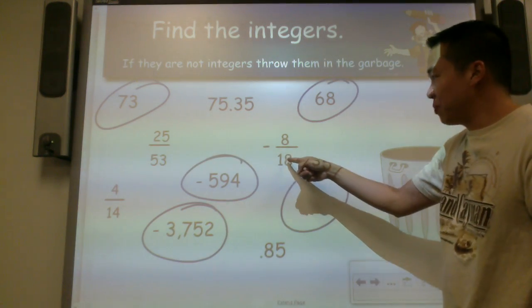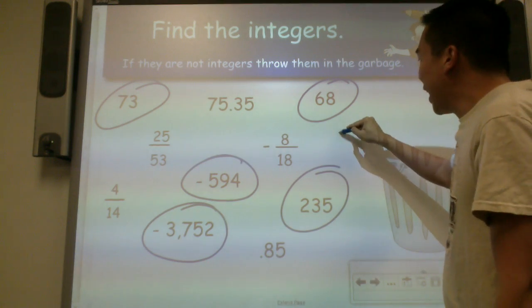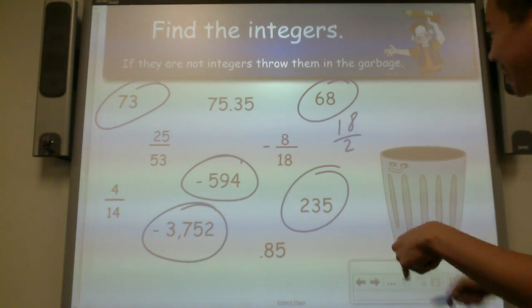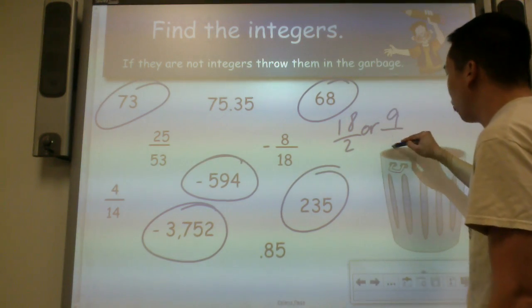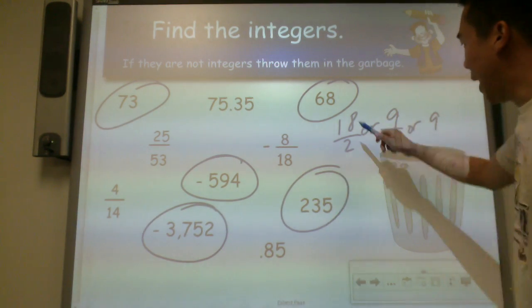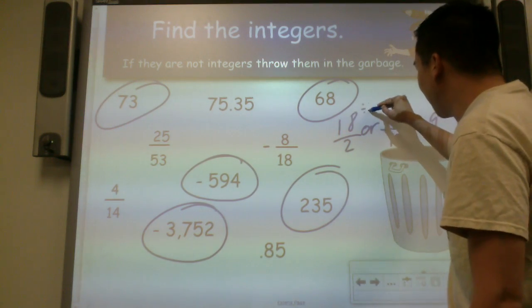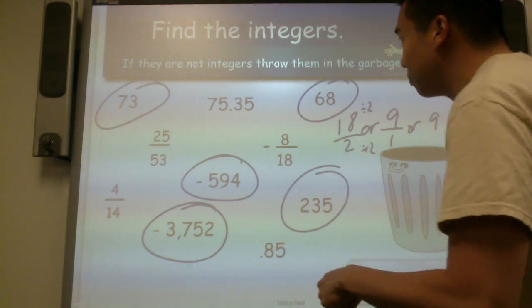But this fraction is simplified to 4/9. However, what if I had this one? 18 over 2. Would that be an integer? Yes, it is, because it can also be represented as 9 over 1 or 9. I divided the numerator and denominator by 2 and get 9 over 1, which is the same as 9 whole.